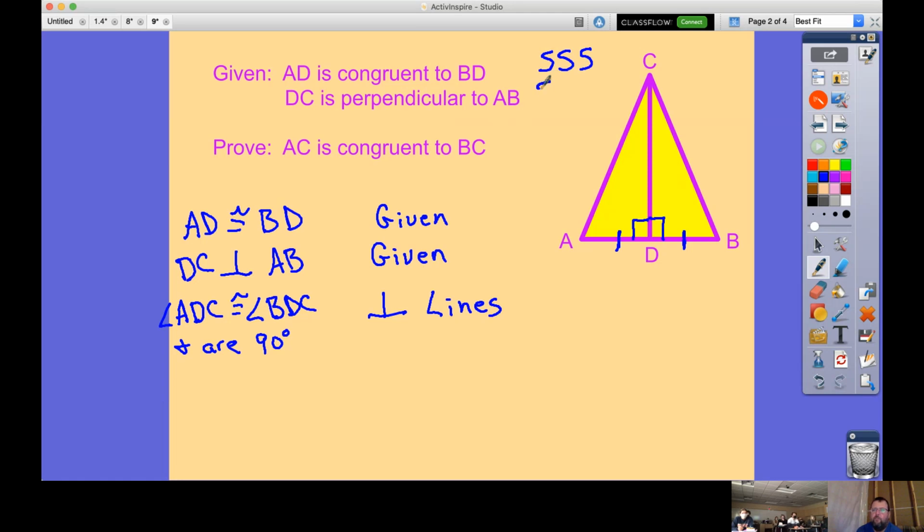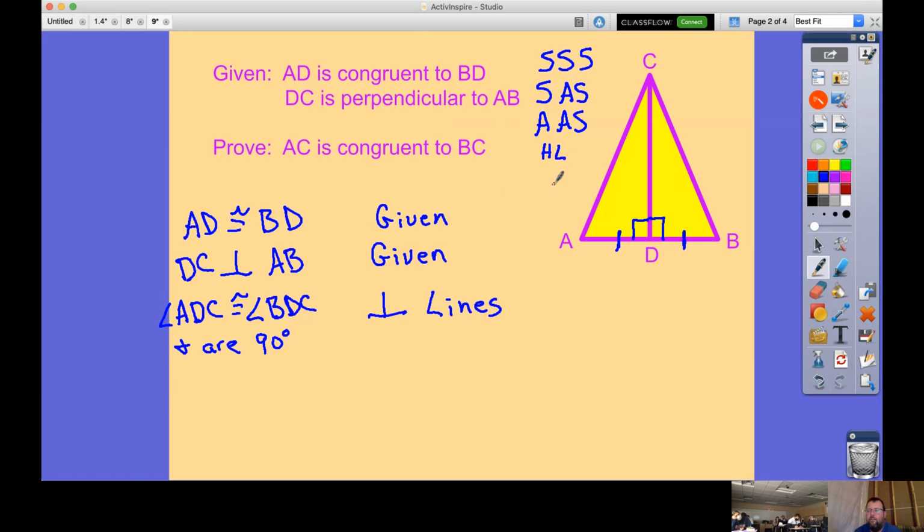We can prove that side angle side, so the angle in between two sides that are right next to each other are the same. We can also prove it by angle side angle, and we can also prove it by what's called hypotenuse leg. And we'll talk about that one later.